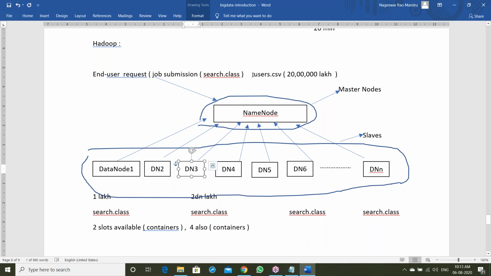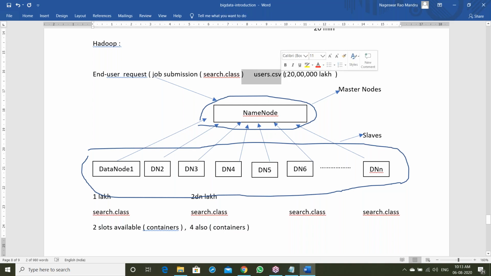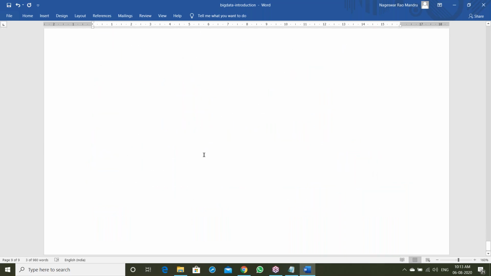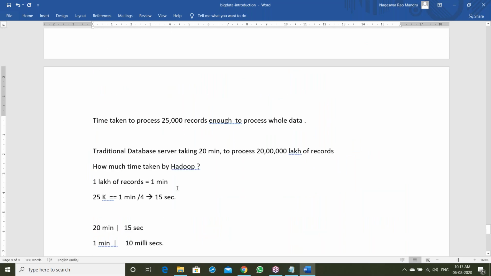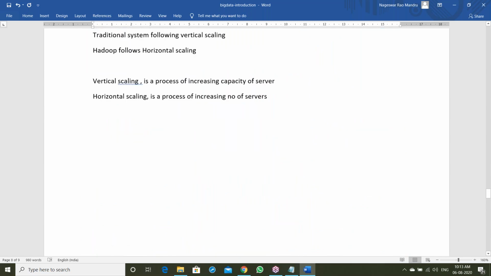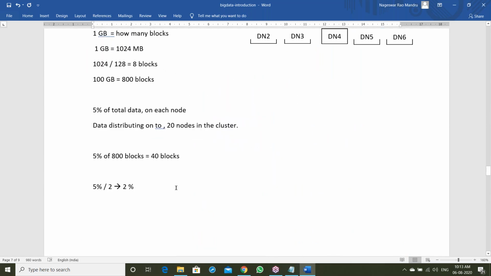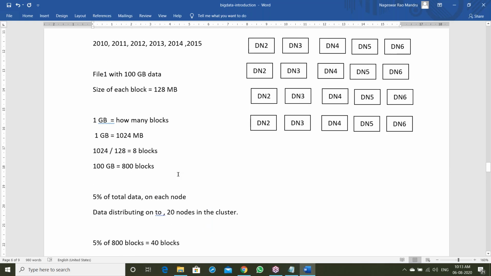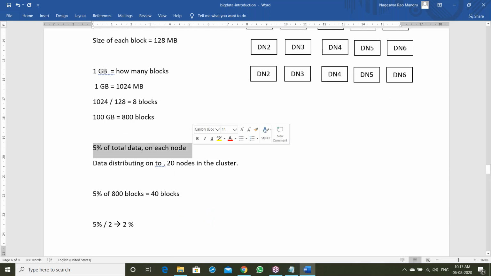For example, there is users information containing some 20 lakh records. All the 20 lakh records are distributed onto multiple nodes in the cluster. How does that distribution work? It is 5% of the total data on each node, so data is distributed onto 20 nodes.